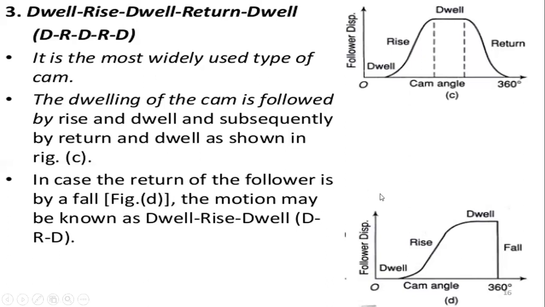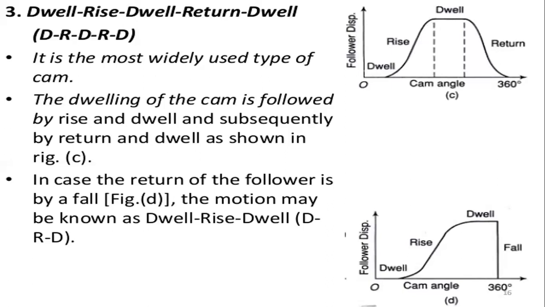You can see the picture: it starts with the dwell position, then there is the rise position, then it is dwell, then it is return, and next is the dwell position. So it is the most commonly used type of cams.